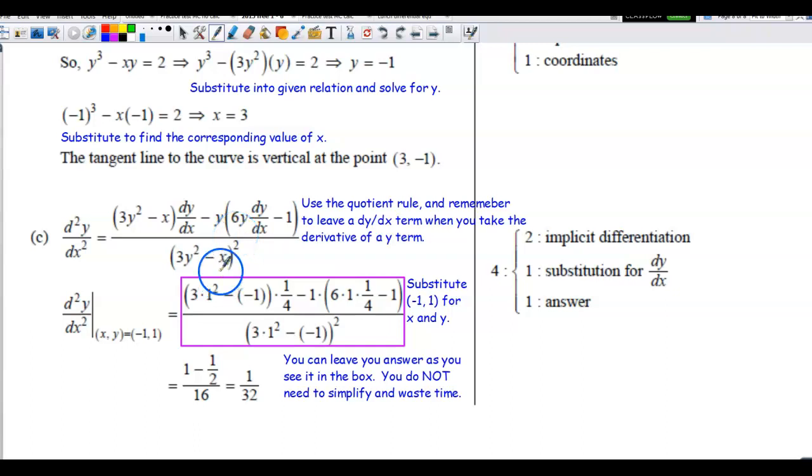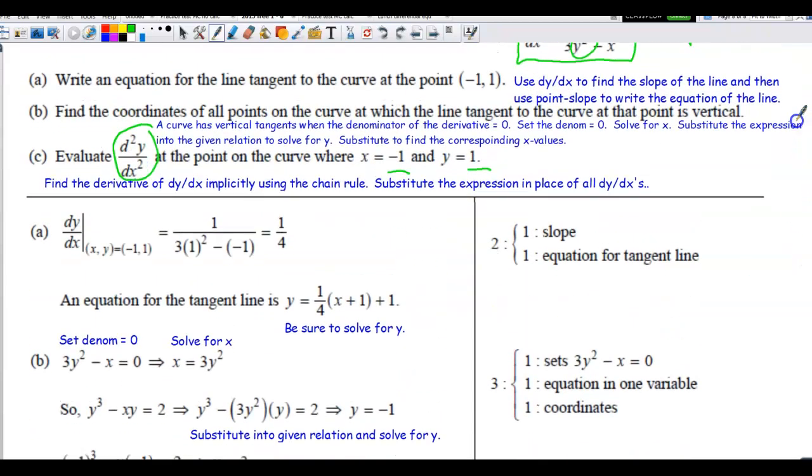Now here is my strong recommendation. Do not, in this case, substitute the original dy dx back in here. Do not in this case. Because remember, the only reason that we found this second derivative is to substitute, I think it was negative 1, 1. Let me go back.